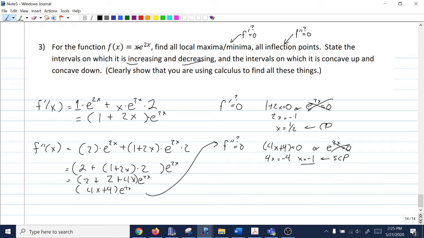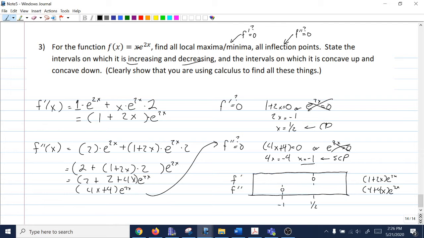It doesn't ask for intercepts and it doesn't ask for a graph, so I think f prime and f double prime are all I need to answer the question. f prime is 1 plus 2x times e to the 2x. f double prime is 4 plus 4x times e to the 2x. My points of interest are -1 and -1/2, and -1 is left of -1/2. -1 is a point of interest because that's where the second derivative equals 0. -1/2 is a point of interest because that's where the first derivative equals 0.